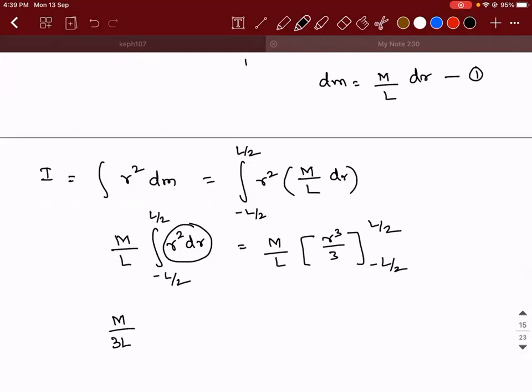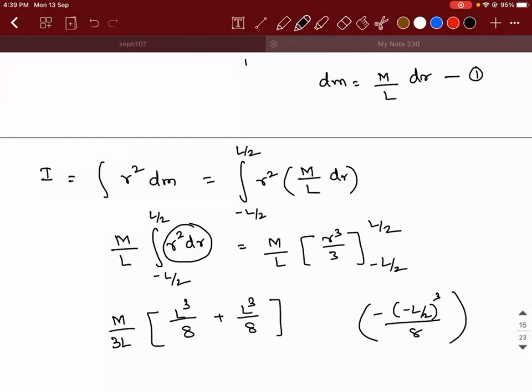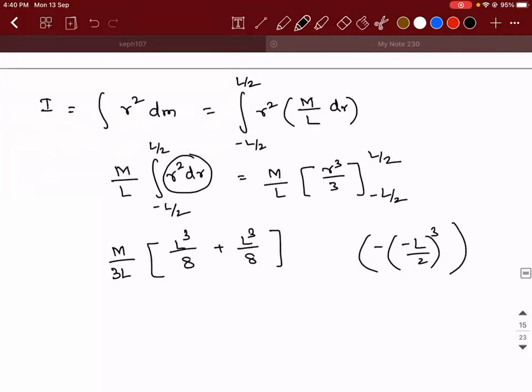So it will be M by 3L into L cube by 8 plus L cube by 8. The reason I wrote plus L cube by 8 is because you get minus of minus L by 2, the whole cube. Sir, it should be L cube by 24, right?